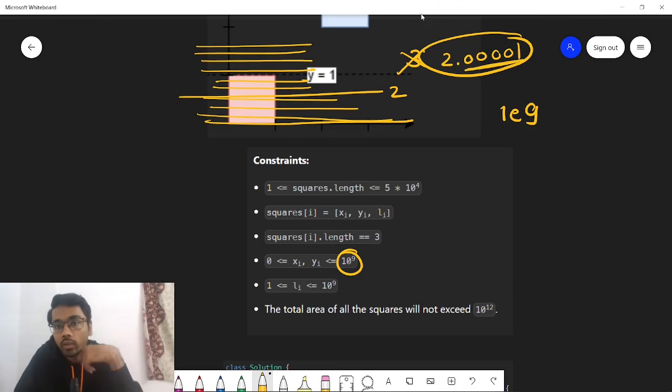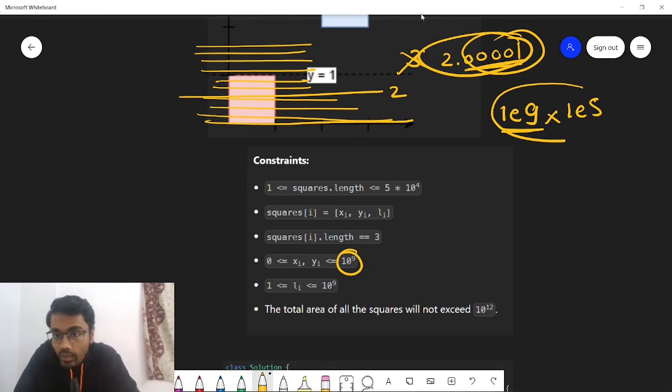So we need to go into decimal parts. So we can say that our complexity will be 1e5 times 1e9, and this is just for checking the lines. We haven't calculated the area of the squares.